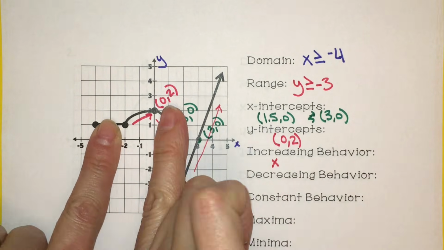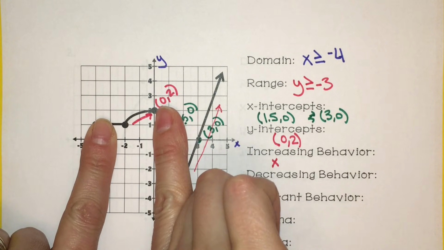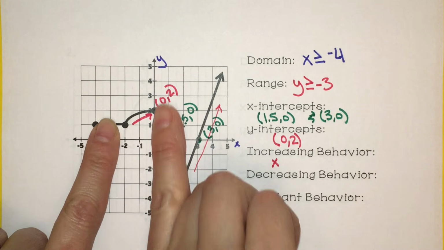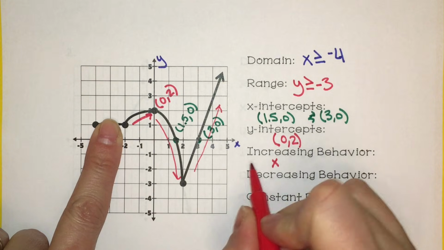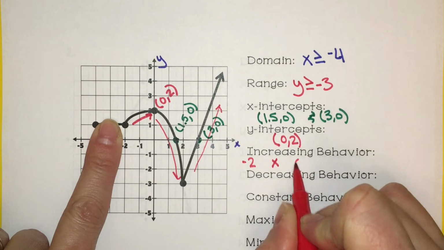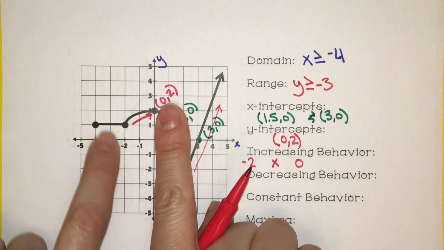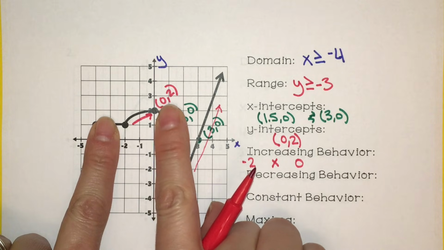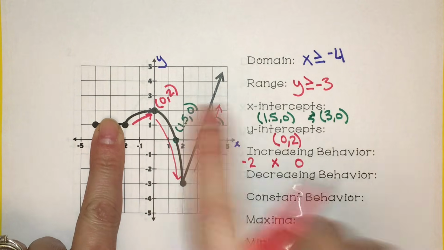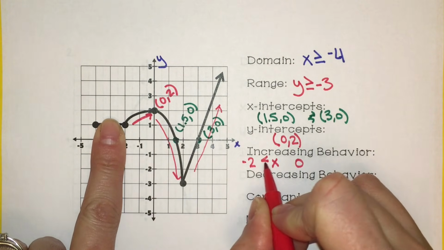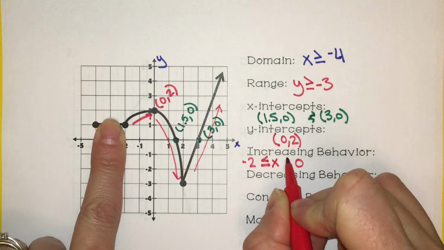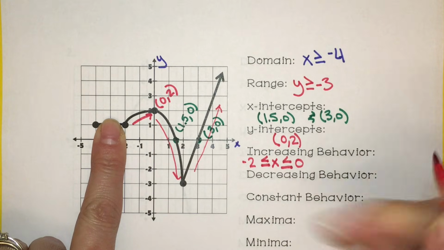X values are between -2 and 0. So x is greater than or equal to -2, and x is less than or equal to 0.